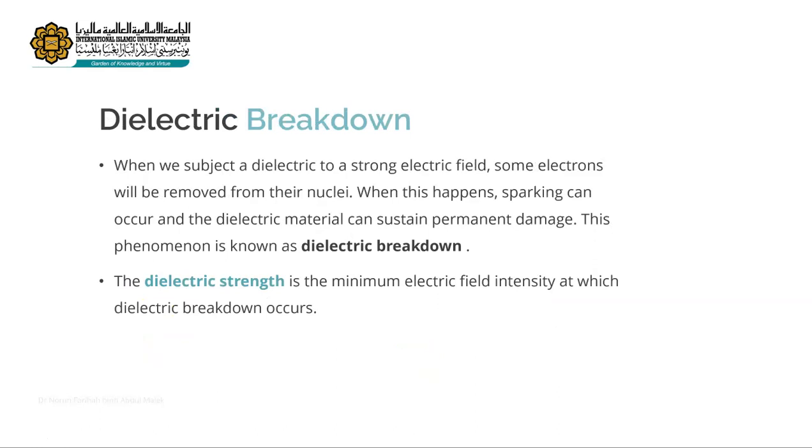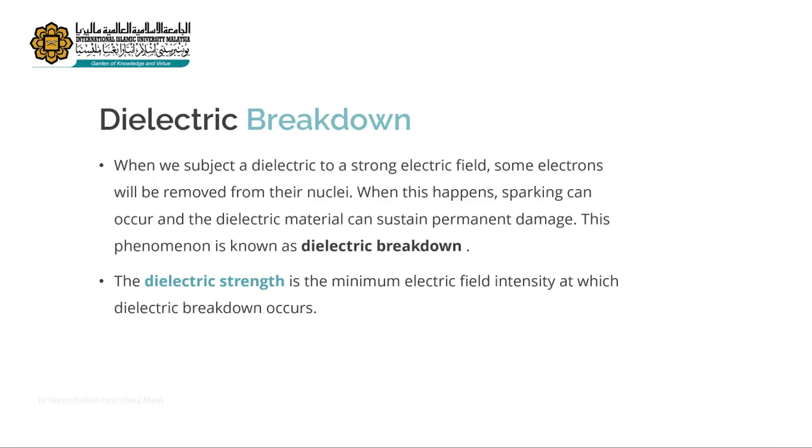Next, what is dielectric breakdown? So when we subject a dielectric to a strong electric field, okay, the keyword here is strong electric field, some of the electrons will be removed from the nuclei. So when this happens, sparking can occur and the dielectric material can sustain permanent damage.